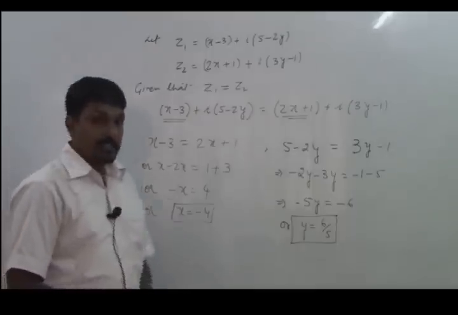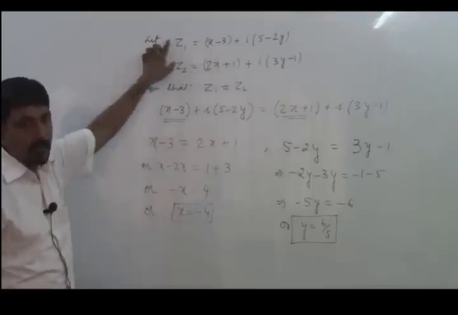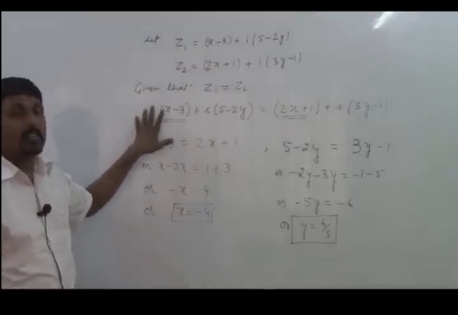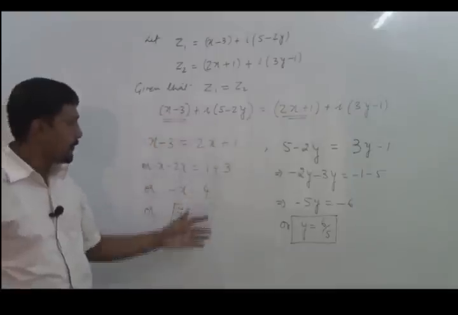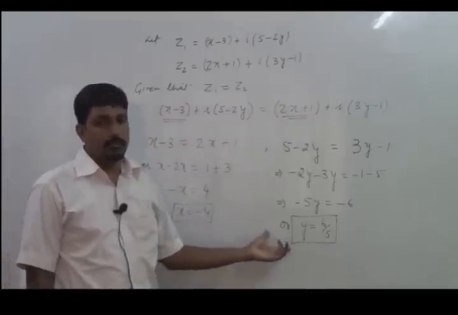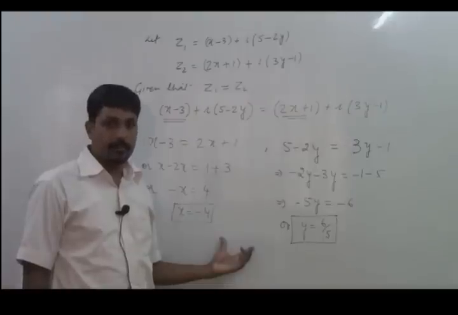So with the help of this concept, that if two complex numbers are equal their real parts and imaginary parts are equal, we can find any unknown term.